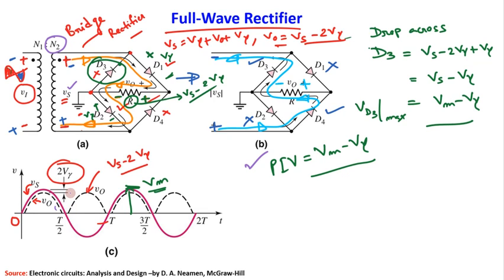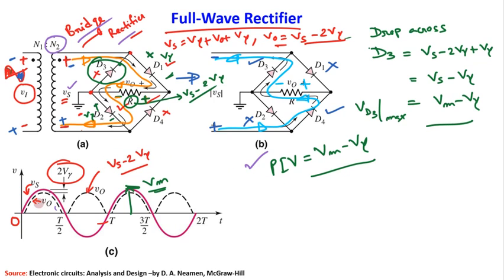So the transformer becomes bulky as well as costly, isn't it? From that point of view also this bridge rectifier gives the advantage, right?